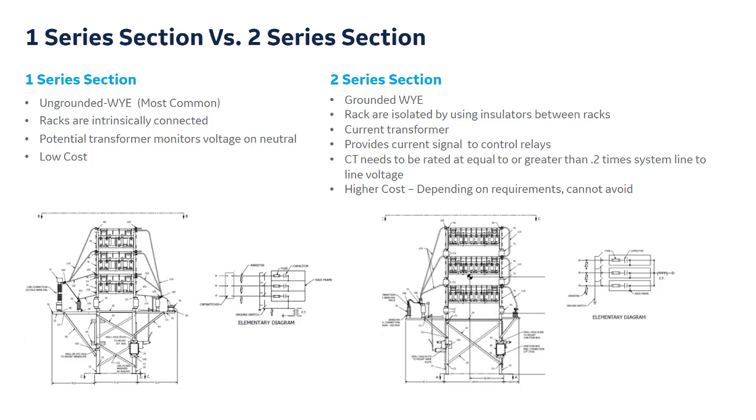So earlier we talked about all the information that I need. If this part can be left open-ended and I have the chance to design an ungrounded Y versus a grounded Y, I'm going to choose the ungrounded Y just to accomplish a cost reduction. But if it's required, we'll go to the 2 series section here.